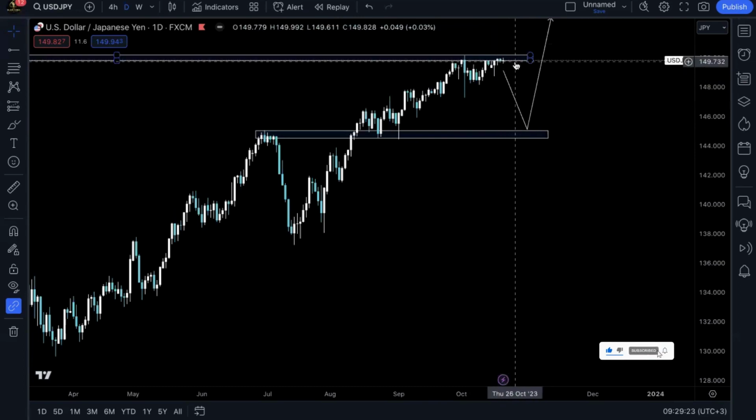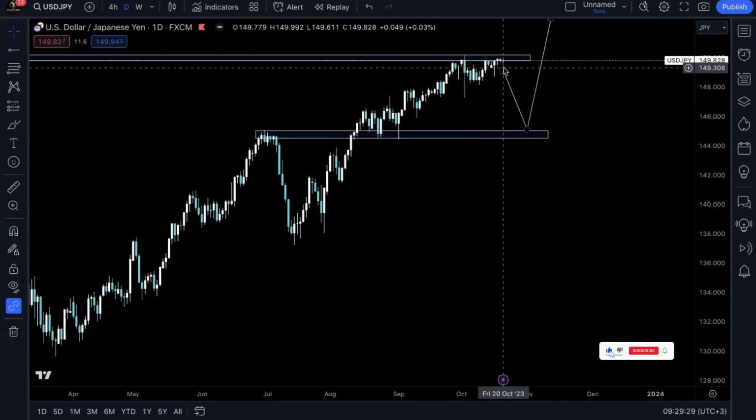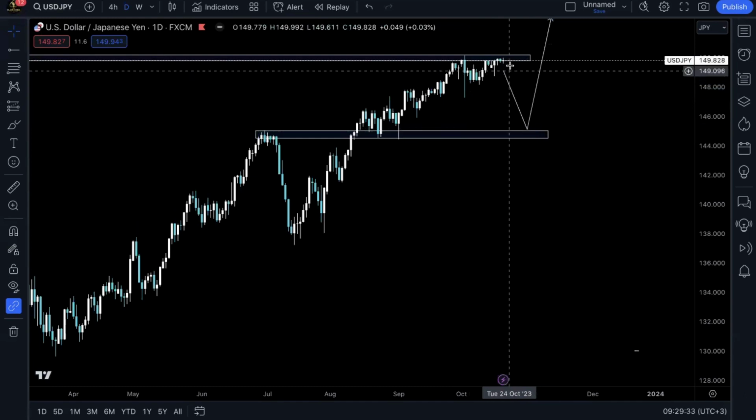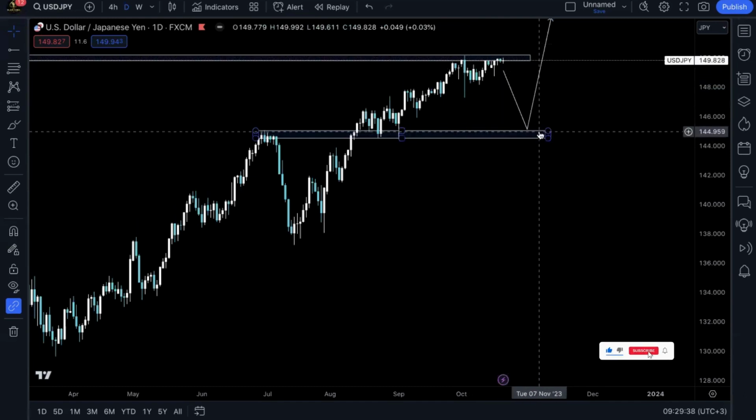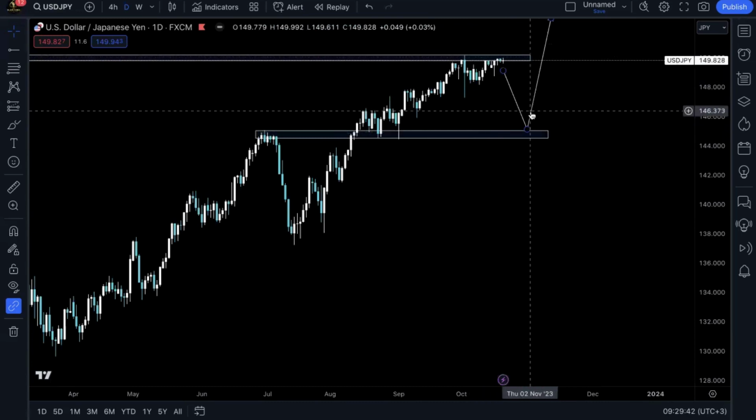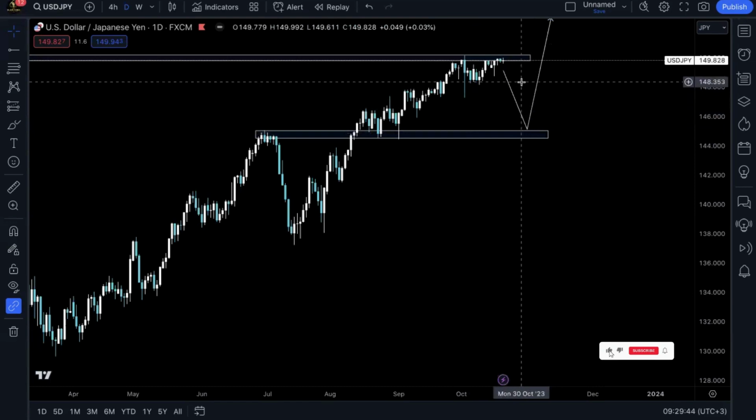Now, how does this imply what's going to happen on the DXY and JPYX? If prices start from a higher high and start going lower on the USD JPY, that means the US dollar is losing its value against the Japanese yen.